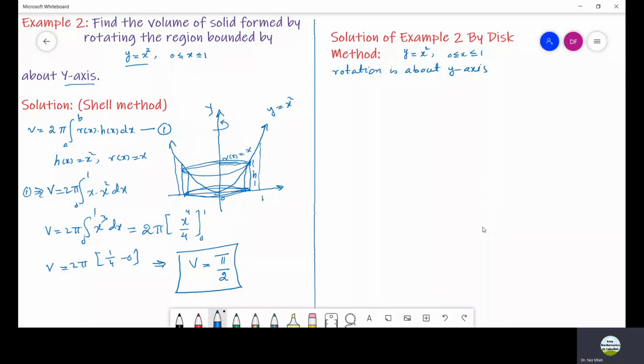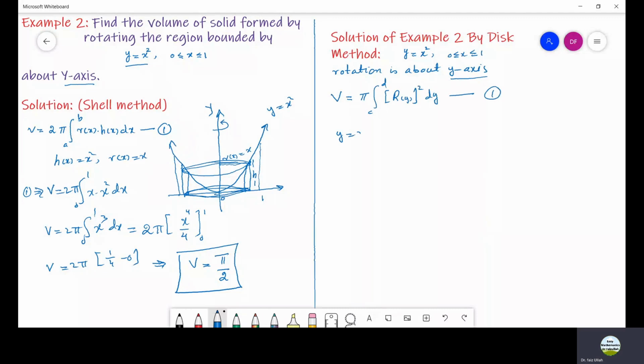To solve example 2 by using the disk method, as we are rotating the region about the y-axis, the disk formula is V = π ∫ from c to d of R(y)² dy. Let us say this is 1. Now we need the function in y.